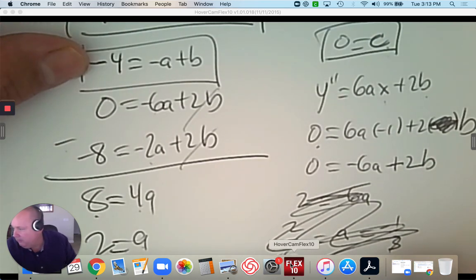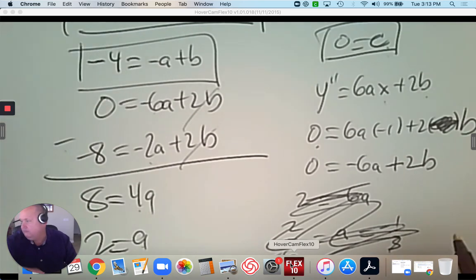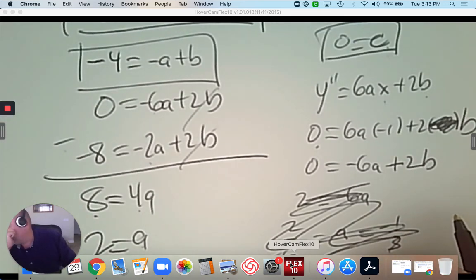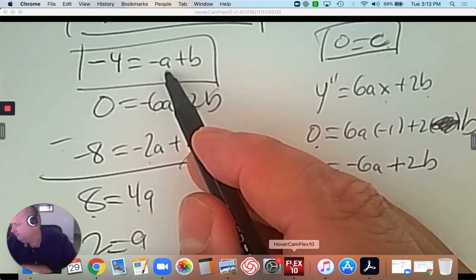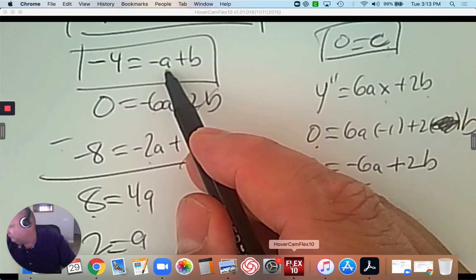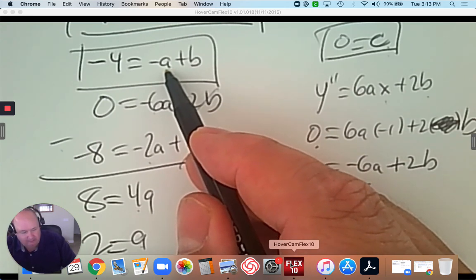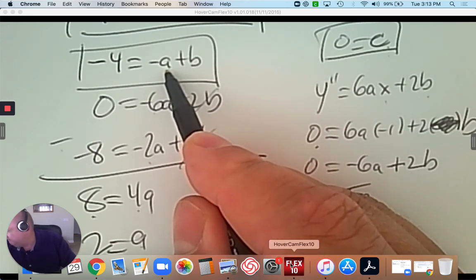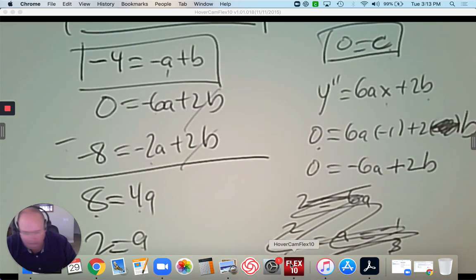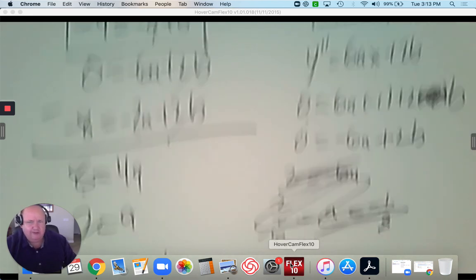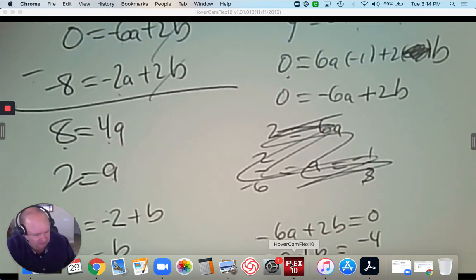And the other one was negative 4 is equal to negative a plus b, right? So negative a plus b is equal to negative 4. Make sure I did this one right. That's what I had, right?